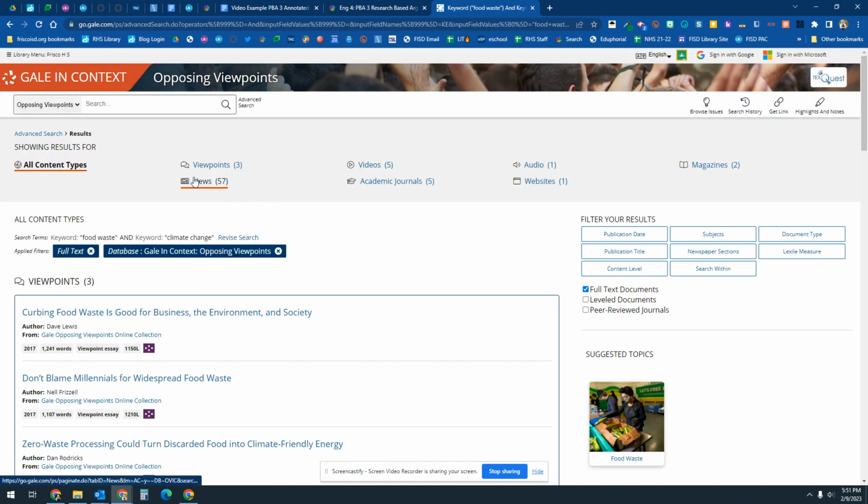And so now I have even fewer articles than my food waste. So remember, I was looking at all of these things from the overarching issue of food waste, which is fine. You can do that and go through them that way. But I can also put in just those 2 very minimal search terms. Don't put in a whole bunch. Don't write a question. Don't put in 4 or 5 phrases, because you're going to get like no results.